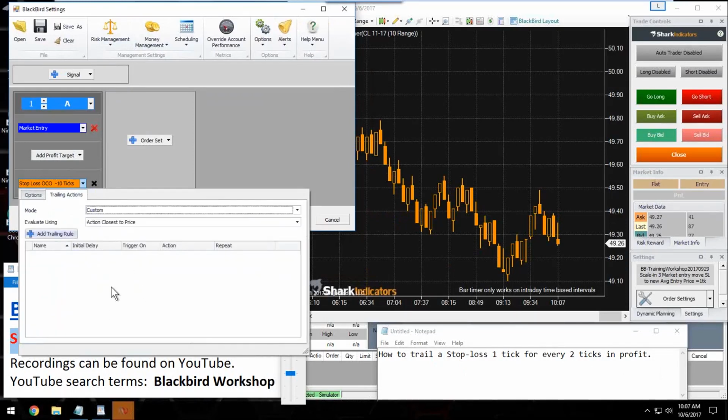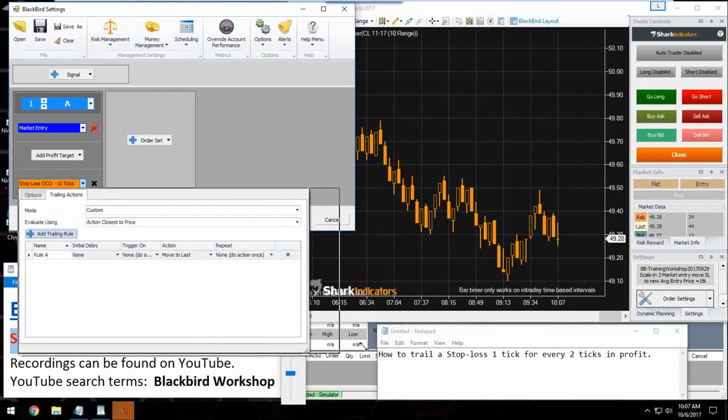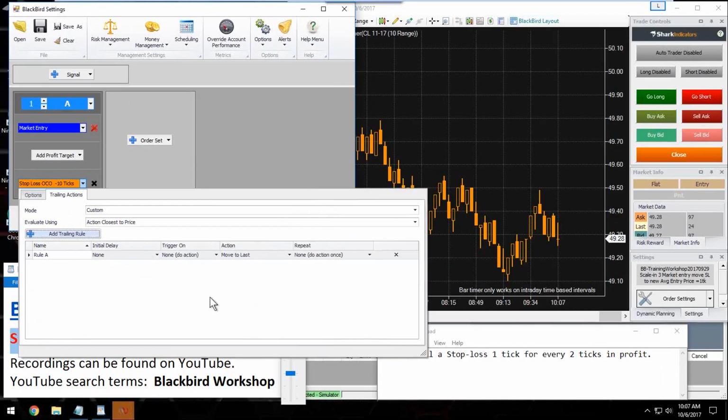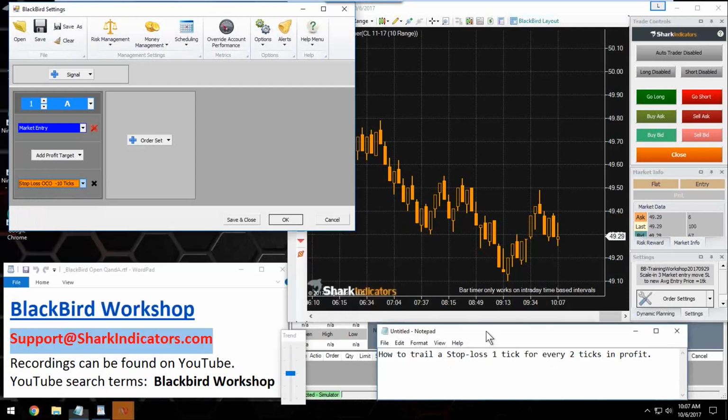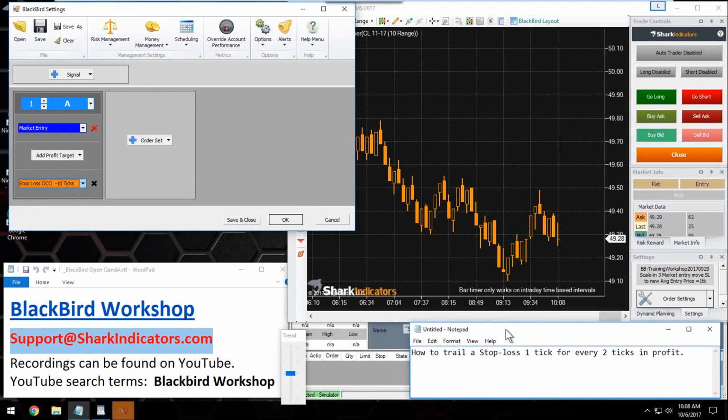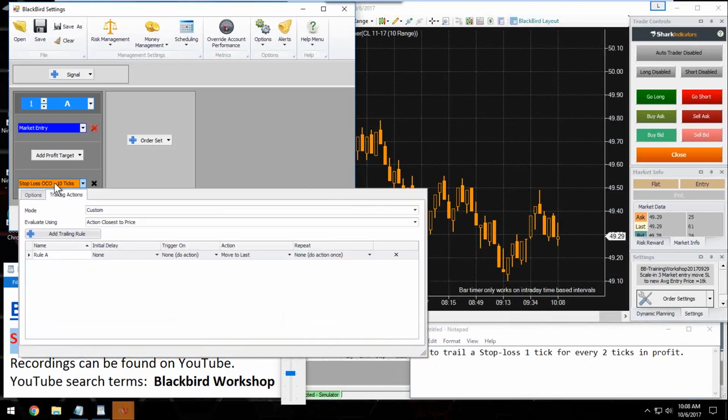That kind of turns on the trailing stop loss components here, and we'll add a new trailing rule. I'm going to make a slight modification to this as well. The question that came in didn't ask anything about a break even, but we'll add a break even to this in a little bit.